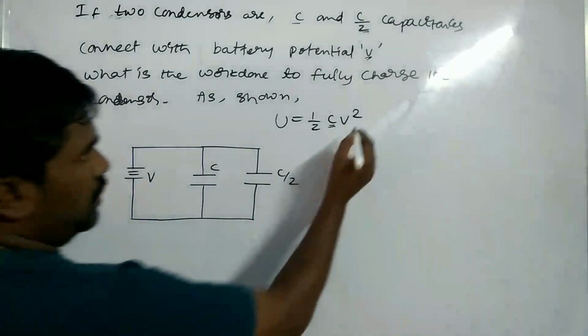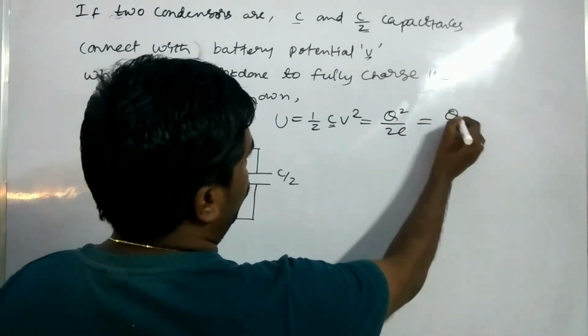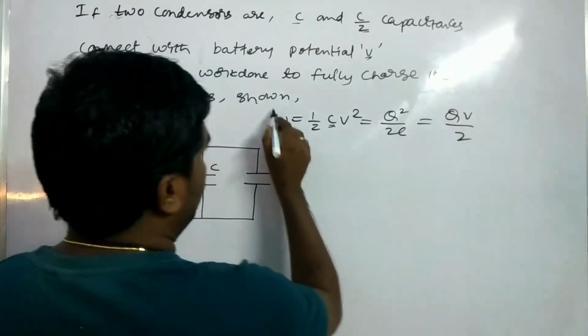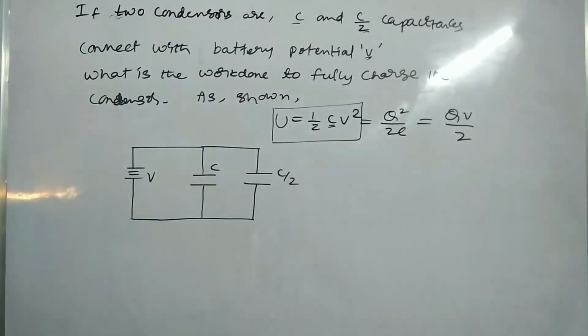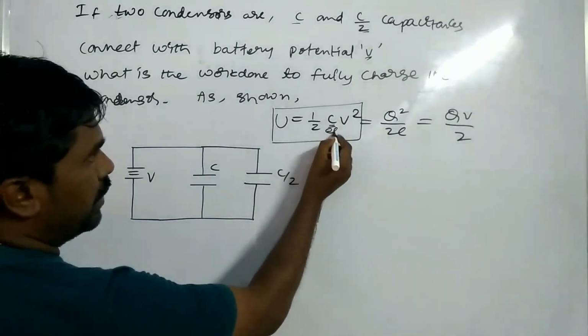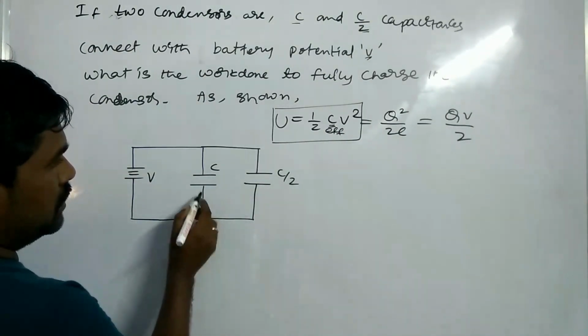The other forms are Q square by 2C and QV by 2, but I can choose this one. Now this is the effective capacitance between these two capacitors.